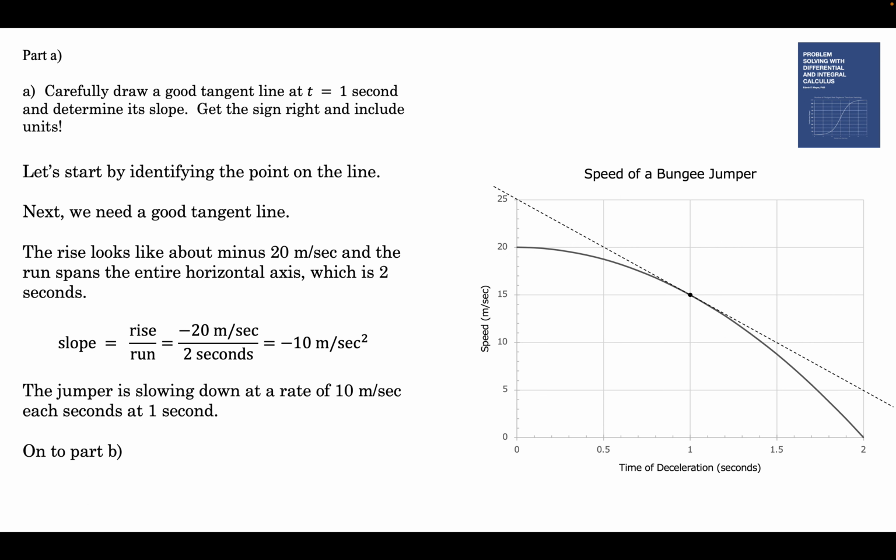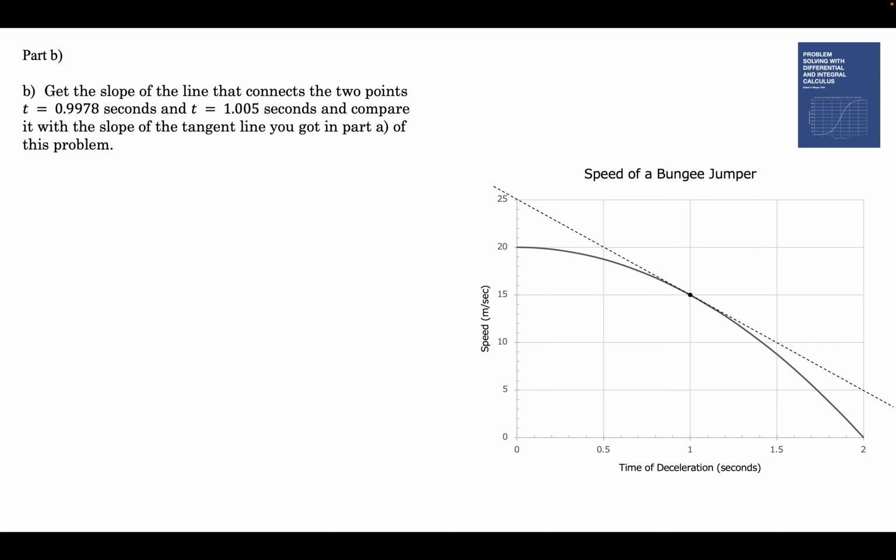Now we're ready for part B. Get the slope of the line that connects the 2 points, 0.9978 and 1.005. So these are 2 points that are very close to 1. It doesn't have to be symmetric around 1. Any 2 points close to 1 will give us a good estimate of the slope at 1 if we connect them. So the normal equation that relates V and T is given. We can just plug in those 2 times.